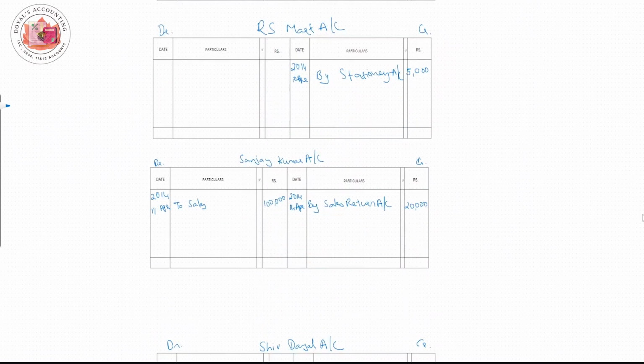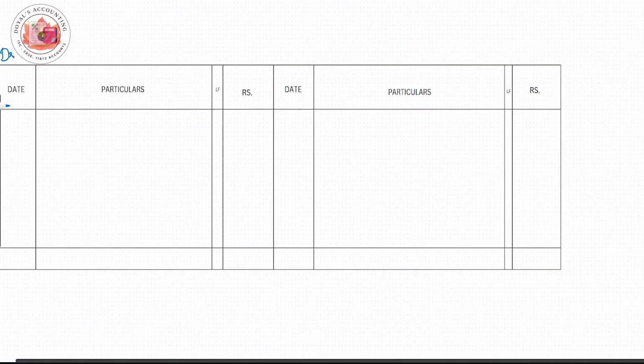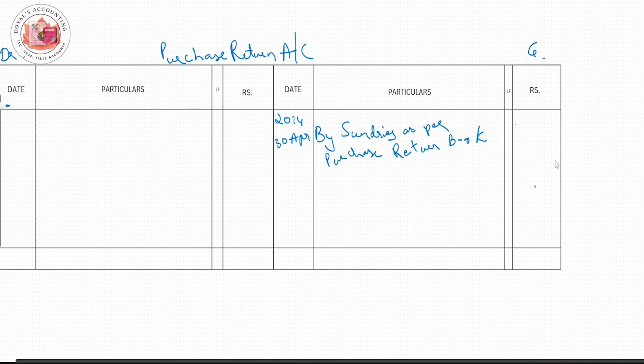I will open a new ledger for that. Debit purchase return account. Remember, purchase return has a credit balance. In nature, it is credit. So, on 2014 30 April, by sundries as per purchase return book, rupees 10,000.